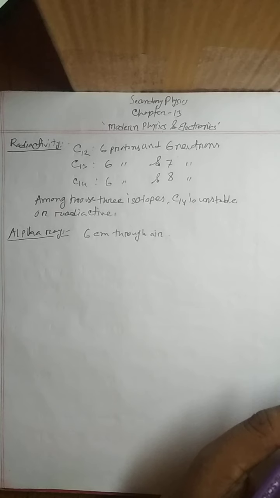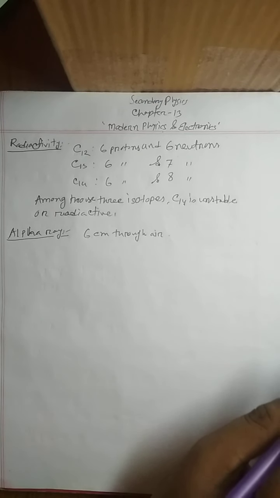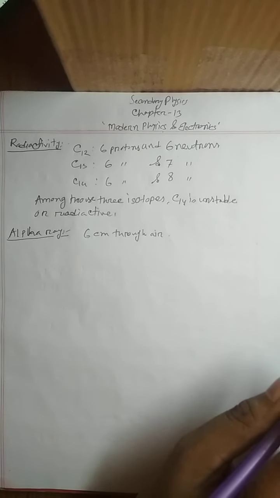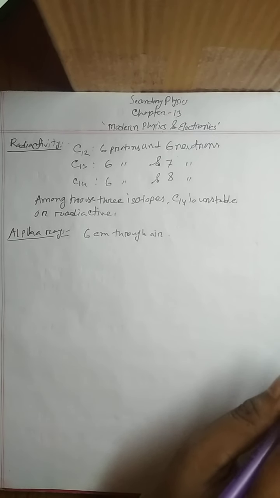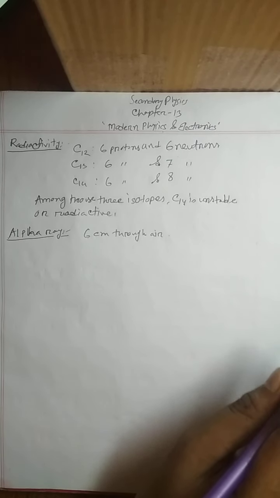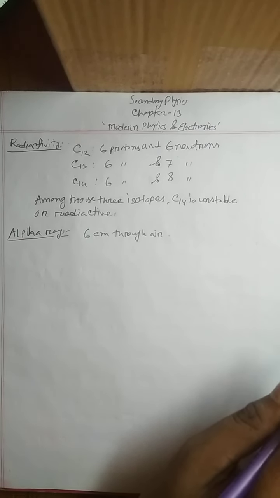It creates phosphorescence on a zinc sulfide screen. An alpha particle creates many free electrons by ionizing molecules and atoms in the air. Its path of motion can be detected, or its energy can be measured easily by collecting those free electrons.